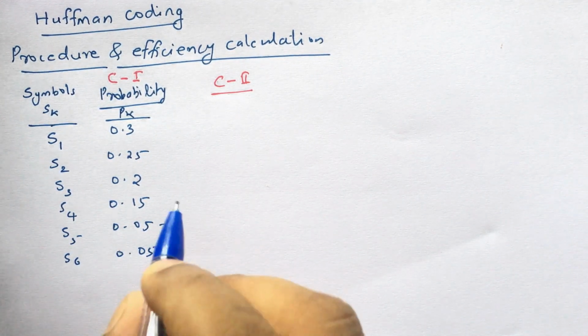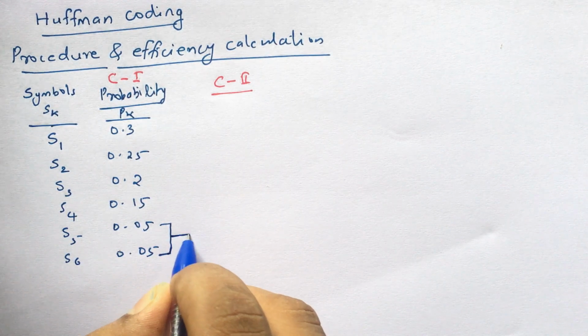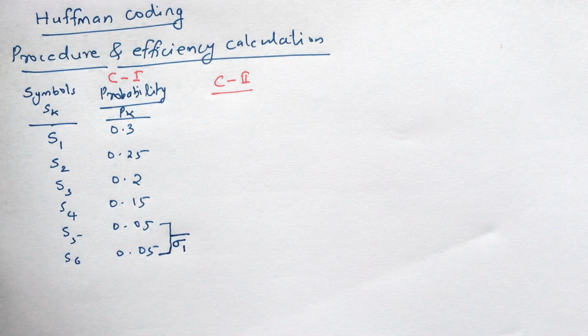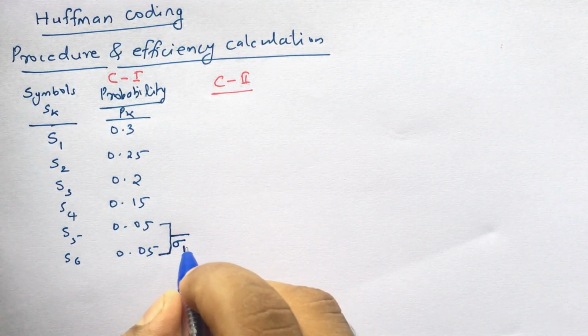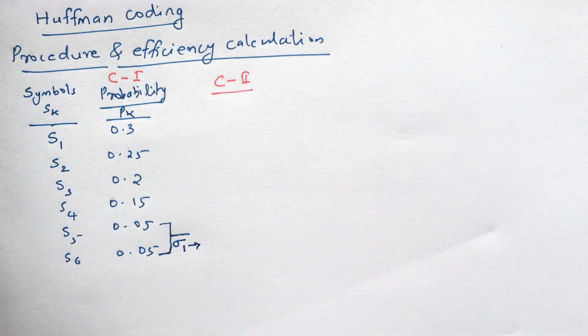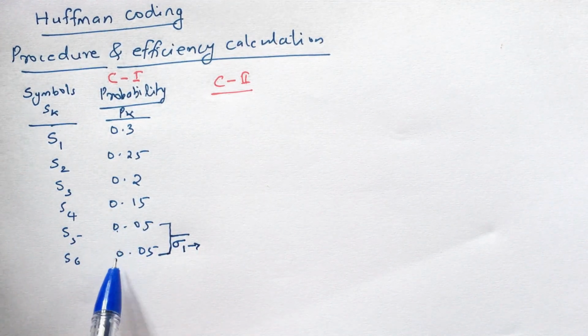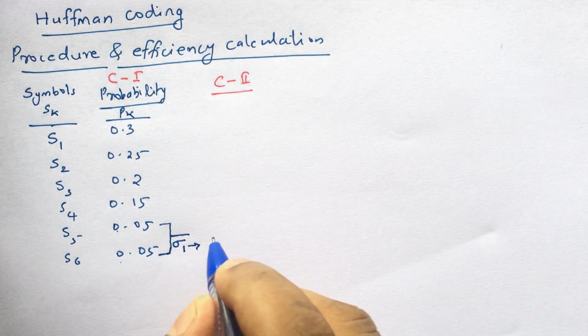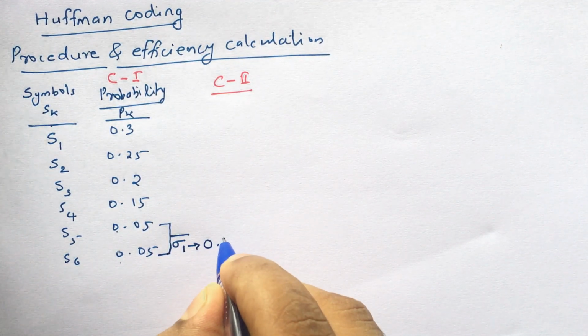So we combine the last 2 symbols to generate a secondary symbol. I name it sigma 1, whose probability is the sum of the probabilities of S5 and S6, that is 0.05 plus 0.05, which is 0.1.